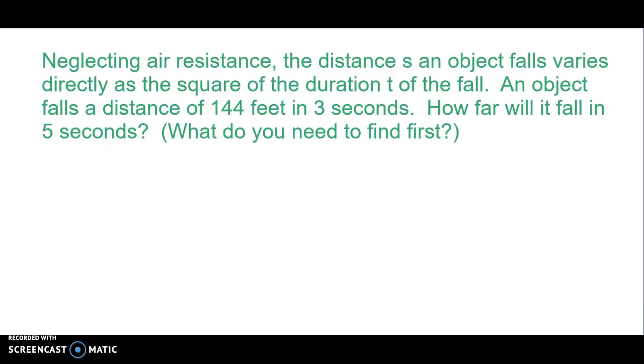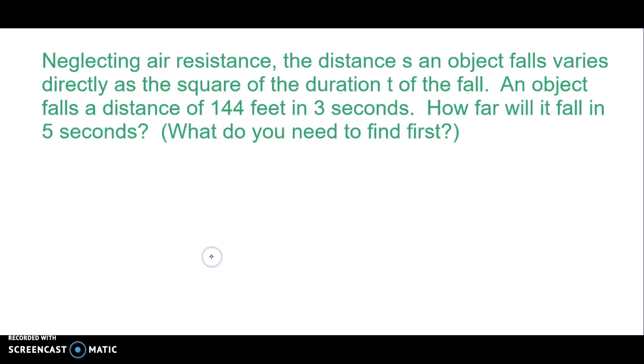All right, last example here. It says neglecting air resistance, the distance s an object falls varies directly as the square of the duration t of the fall. An object falls a distance of 144 feet in 3 seconds. How far will it fall in 5 seconds? And I gave you a hint. What do you need to find first?